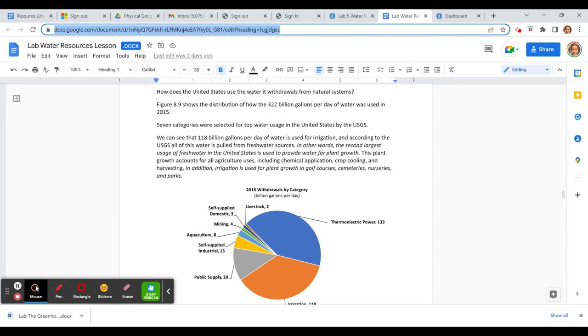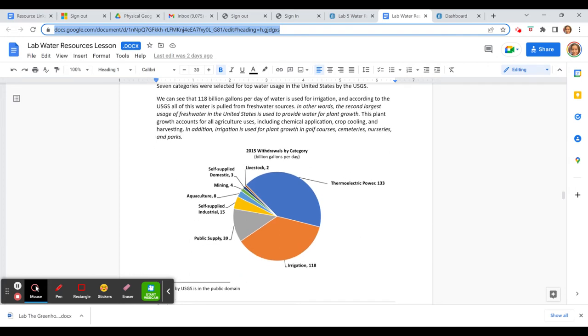This is also for our lawns. This is for agriculture uses, including chemical application, crop cooling, and harvesting. Irrigation is also used for golf courses, cemeteries, nurseries, and parks. You'll notice that the largest was for thermoelectric power, and this is for electricity.